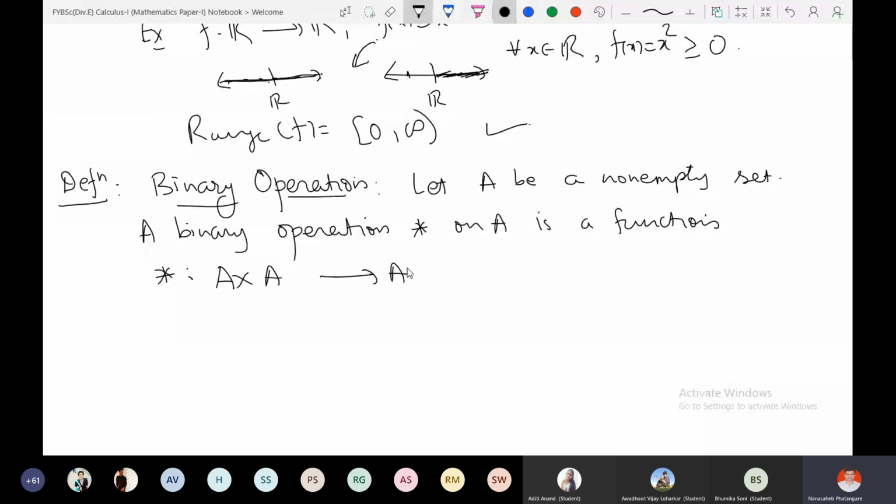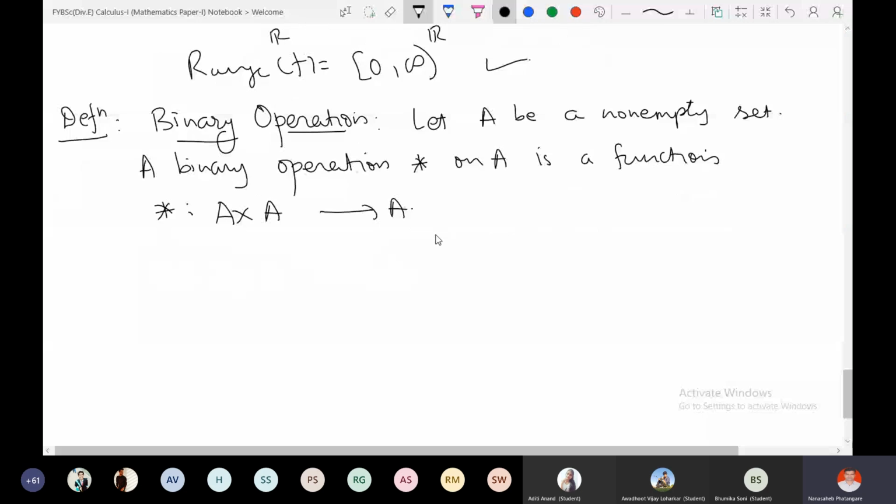What does it mean? It takes an element from A cross A and gives some element in A itself. Now you know the definition of function. Let us see an example, then you can understand it.